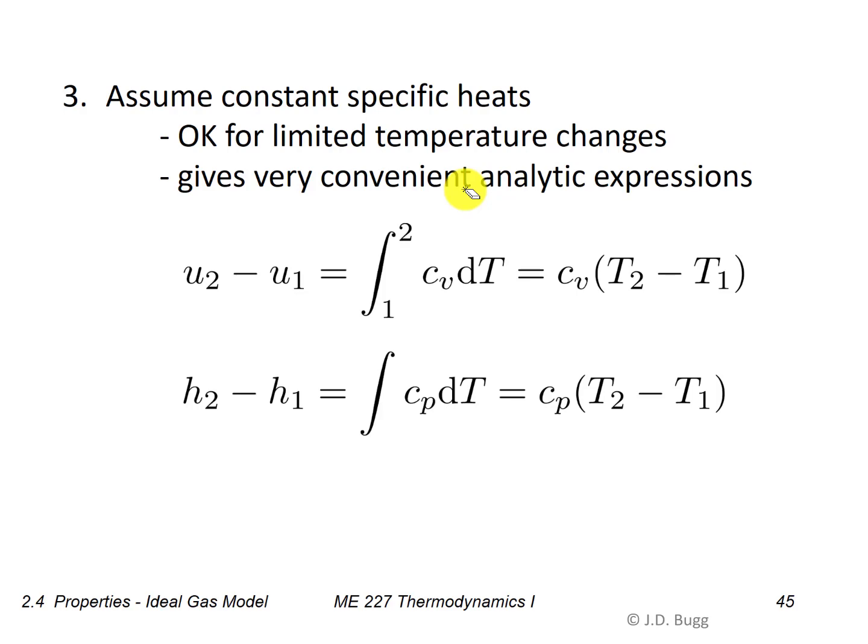Now, if you're writing a computer program or building a spreadsheet that is doing calculations, certainly the equation from table A21 is the way to go. However, if you're doing hand calculations, then approach 2, ideal gas tables, or perhaps sometimes assuming specific heats are constant, approach 3, is the way to go.